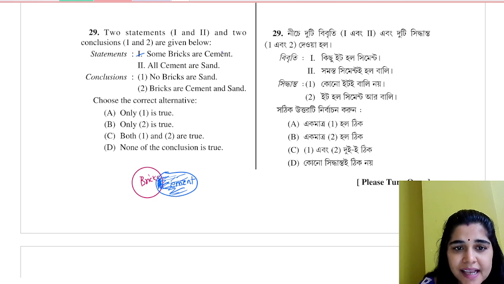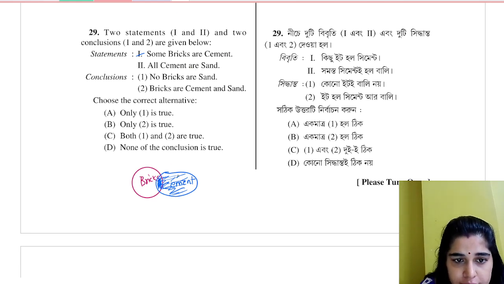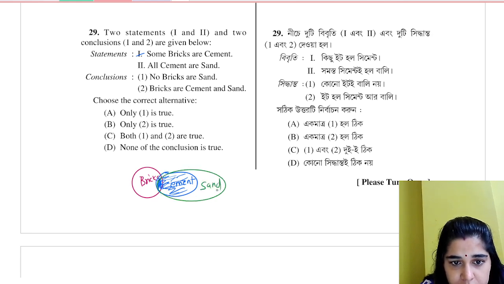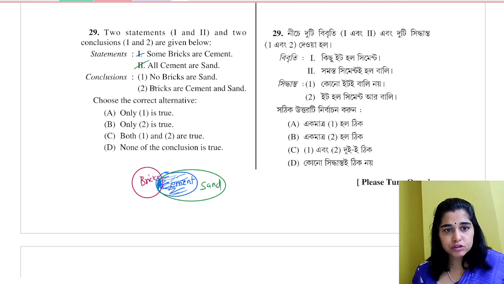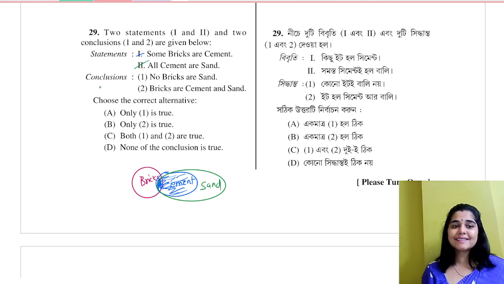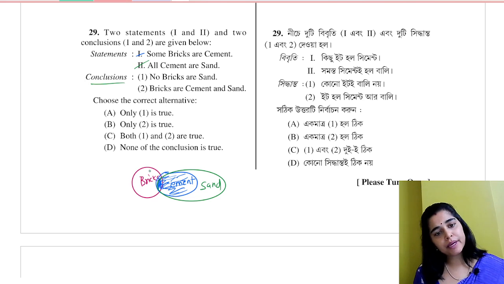All cement are sand. They are saying that all the cement, this whole, is sand. So this one is also done. Now let's see the conclusion. No bricks are sand.